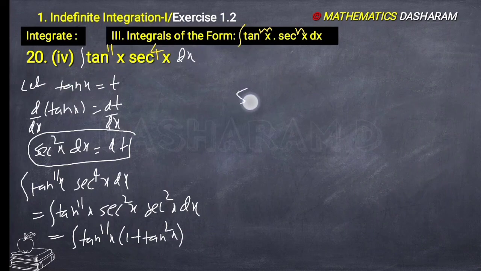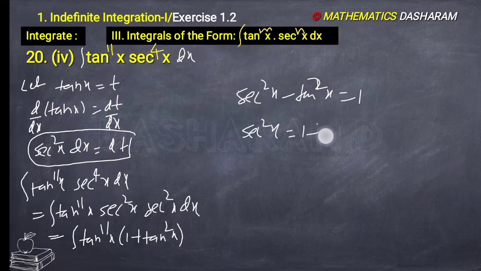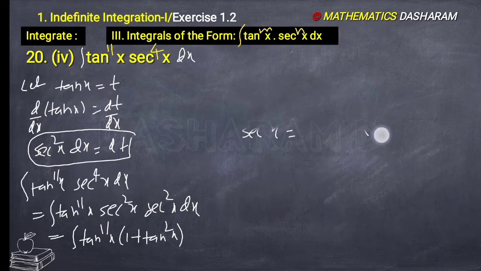Why? Because the identity is secant square x minus tan square x equals 1. So from this, secant square x equals 1 plus tan square x, into secant square x dx.